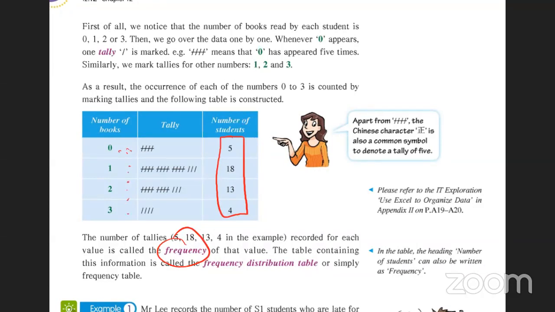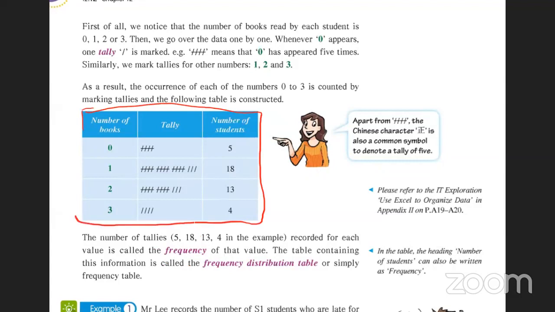In general, it's called frequency. But in this case, the frequency means the number of students that you have asked. And this table is called frequency distribution table.